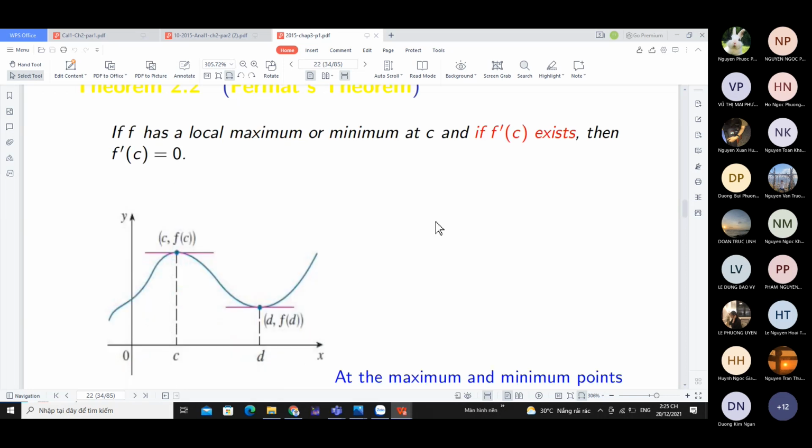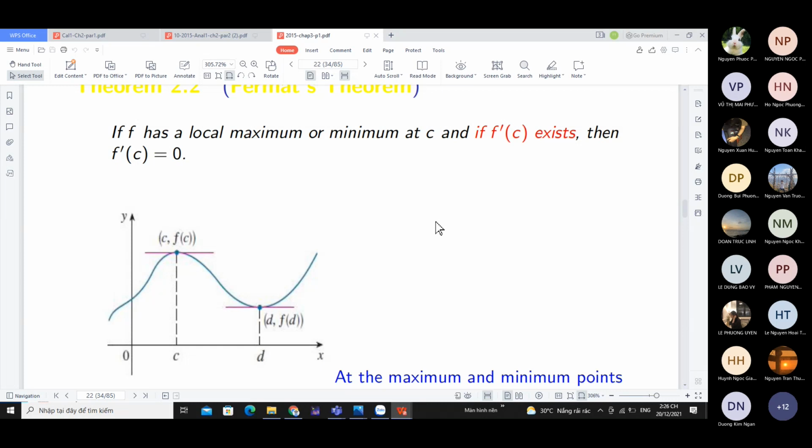You see, f prime of c equals 0. It means that the tangent line to the graph of f at the point c, f of c is parallel to the x-axis, right? So if the function f has a local maximum or local minimum at c, and f prime of c exists, then f prime of c equals 0.